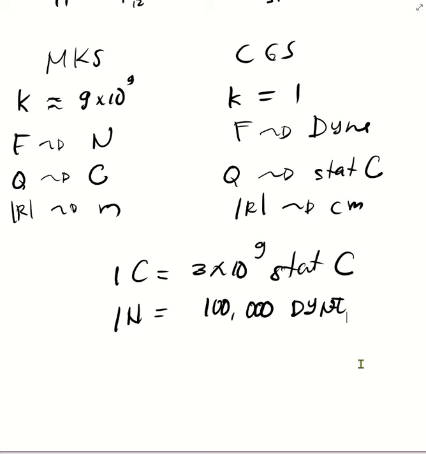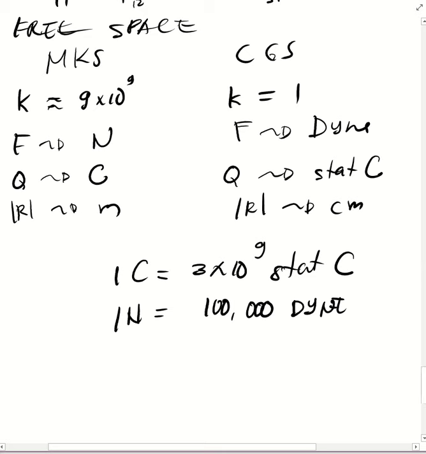If you use dyne, you use statcoulomb, you use centimeter, and the constant should be equal to 1. You don't use 9 times 10 to the 9. Remember, K equal to 1 is only true if we are in free space. If it's not in free space, then use our general formula for that.